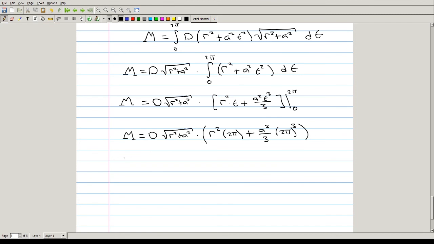Which we can simplify a little bit to a nice final formula.